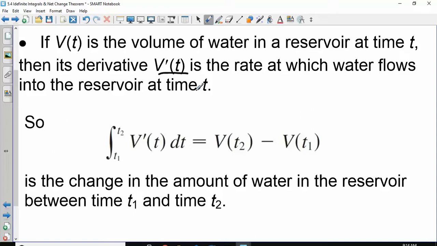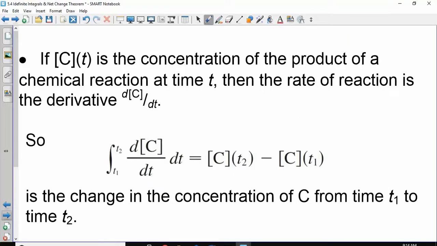So if we had a tank of water and water was leaking out, and we integrated that rate of change, you know, we measured how fast the water was coming out, we did the antiderivative, and we got negative 10. That means in that time interval, 10 gallons of water leaked out. So it tells us how the amount changed over time.